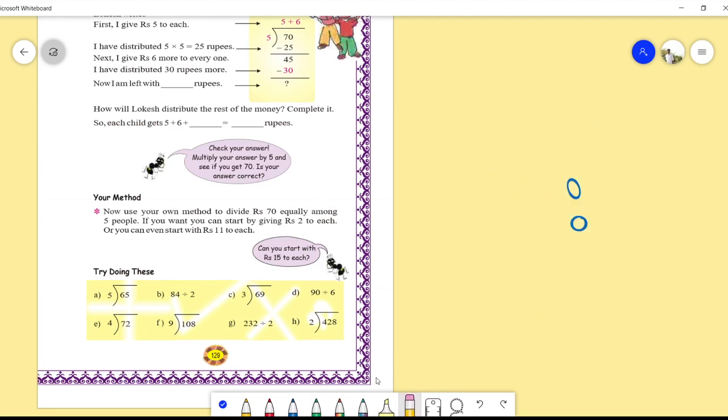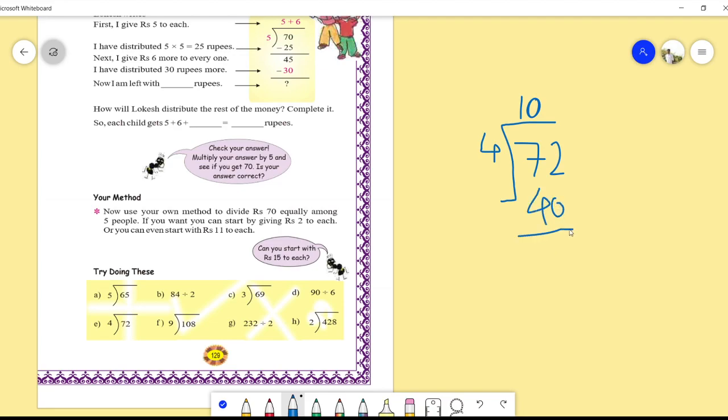The next we have is 72 divided by 4. Let's go for 10 here first. 4 tens are 40.